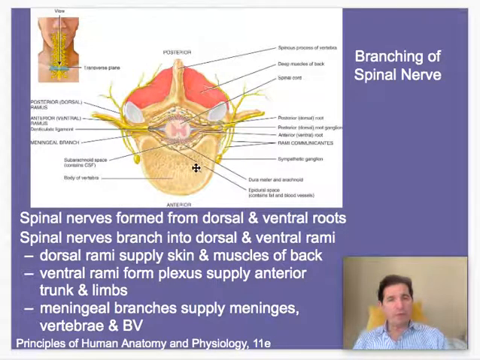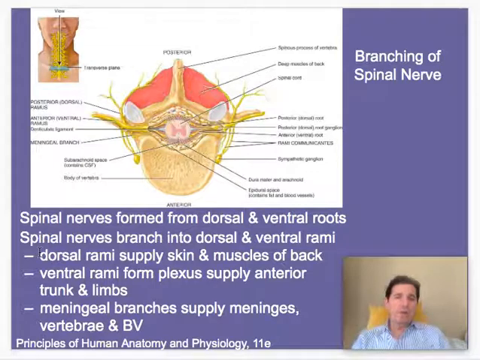So you might recognize this is the body and the spinous process and such. We also have the branches, the dorsal and ventral rami, coming out of it. So I want you to realize that that's something useful to understand.